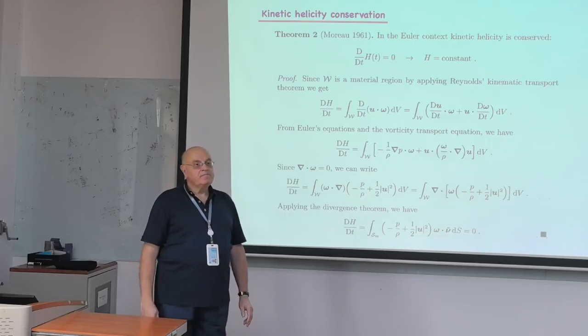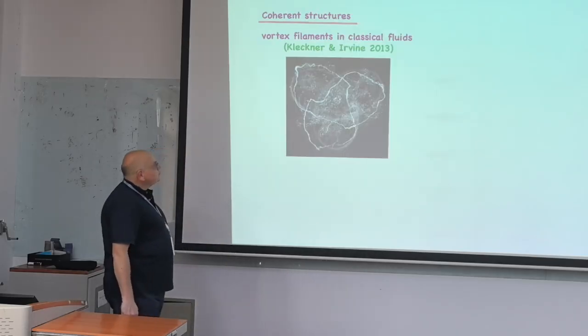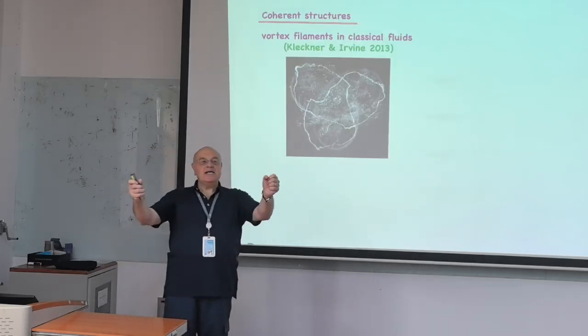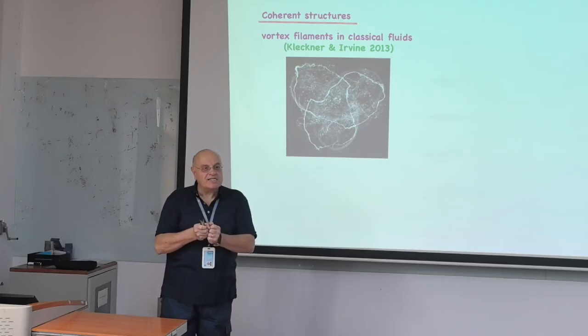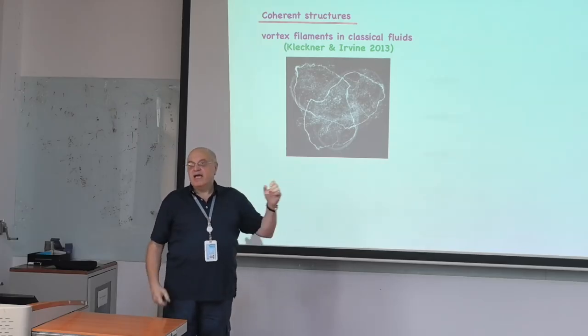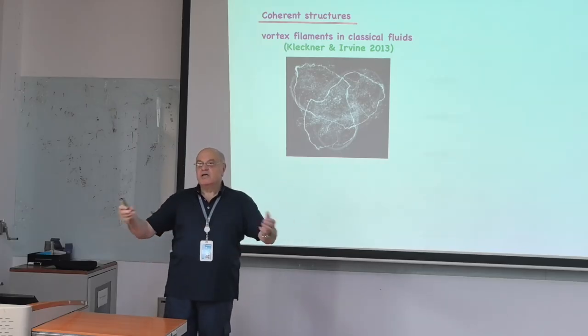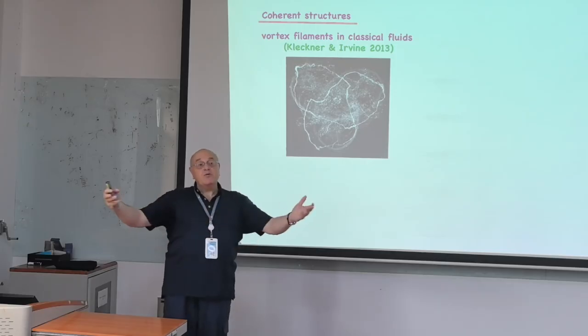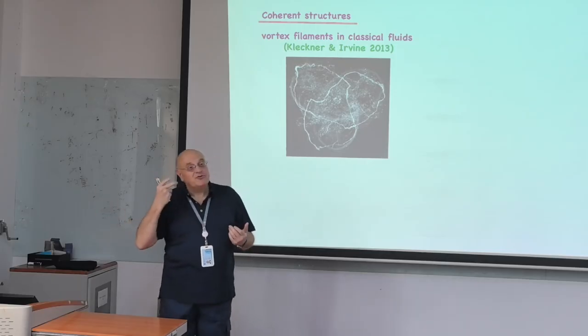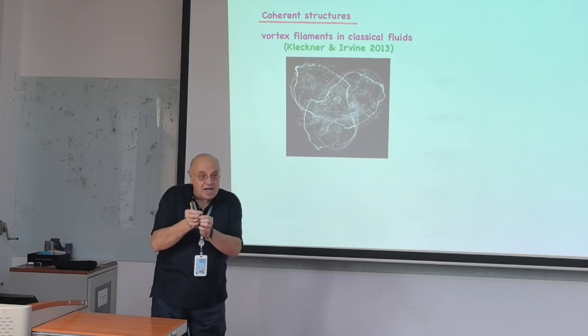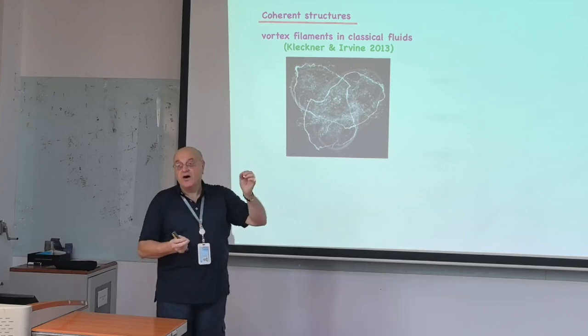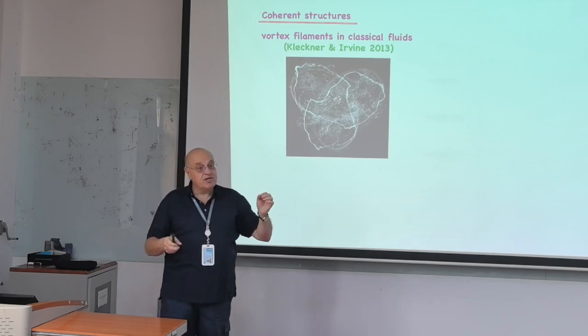Yeah. Okay. When I said fields localized, this is an example. A vortex in water. Vorticity may be everywhere, but what we like to think is vorticity localized in thin tubes. Of course, it's an idealization. Okay?